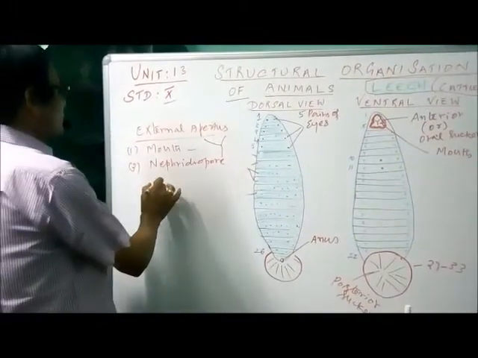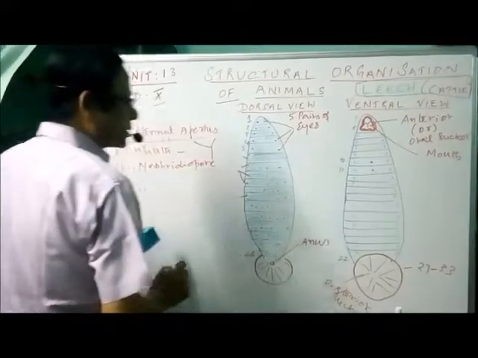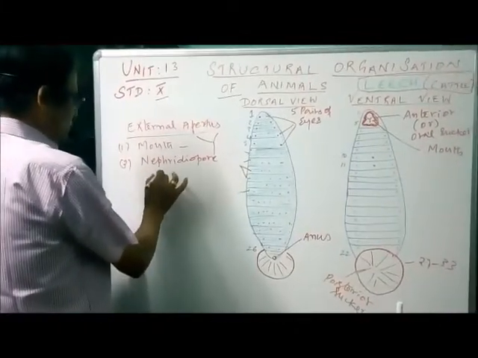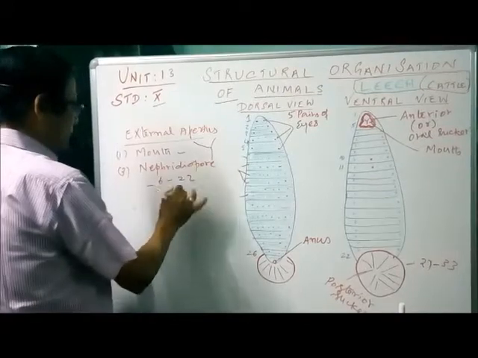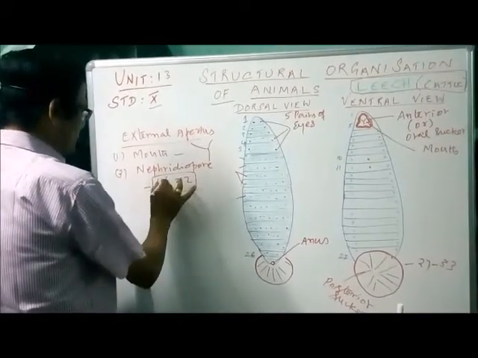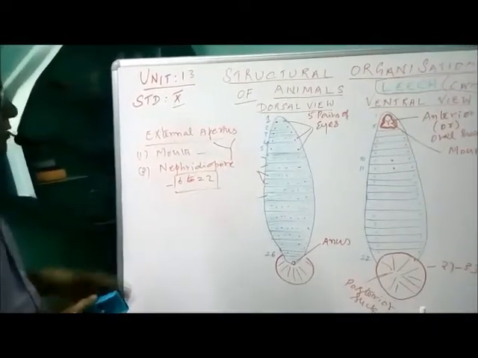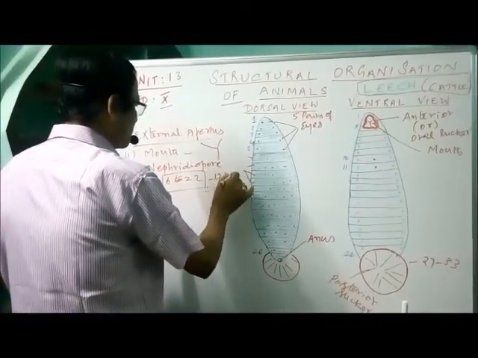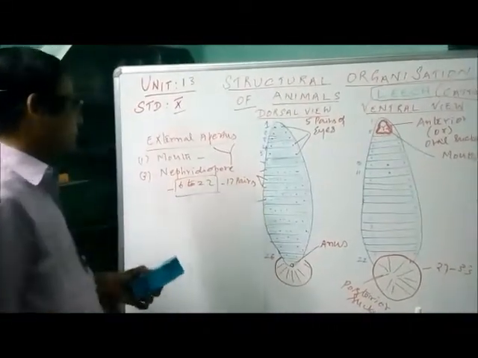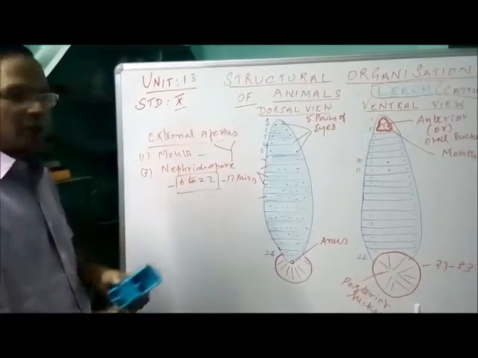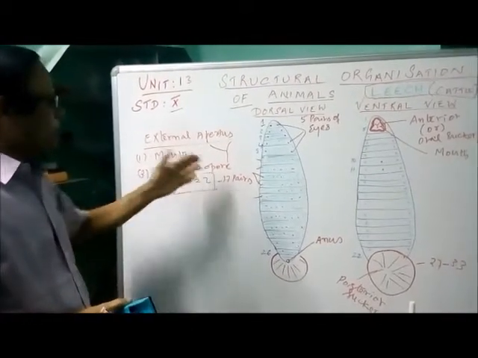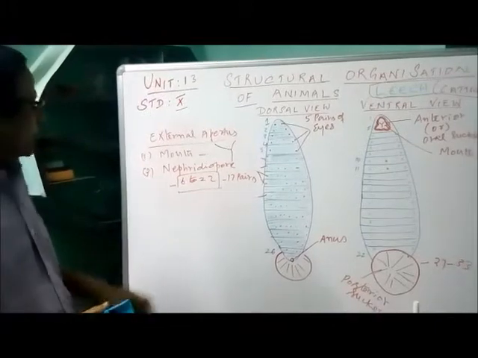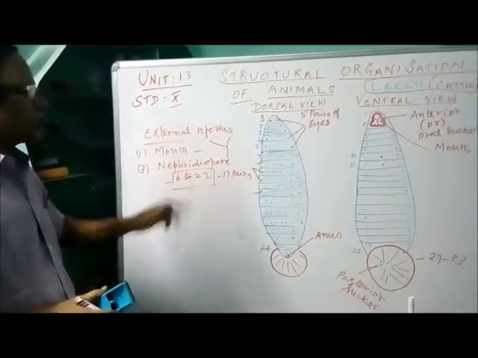These openings are found ventrolaterally in segments 6 to 22. Corresponding to the number of nephridia, there are 17 pairs of nephridiopores.